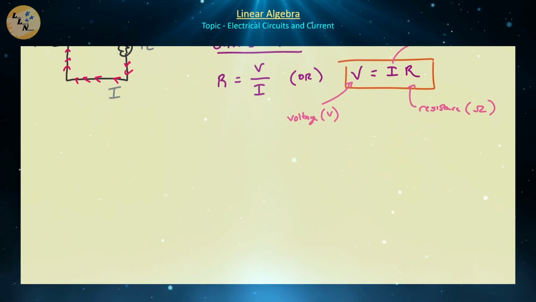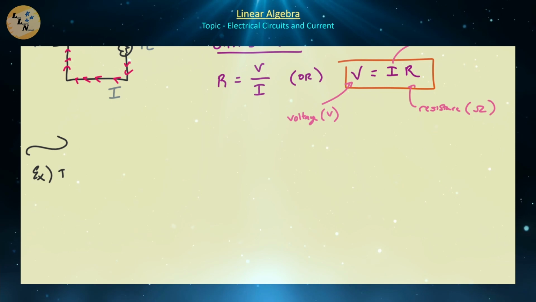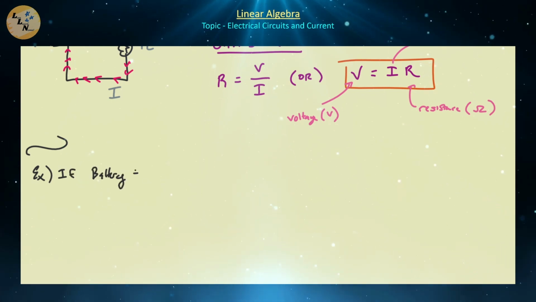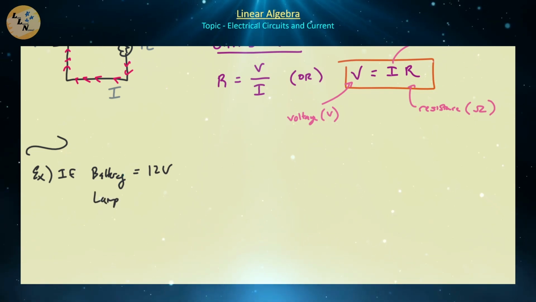All right, so let's just do a very basic example just to make sure we understand these basics. So if the battery has a voltage of say 12 volts, and let's assume that we have a lamp that has a constant resistance of say 9.5 ohms, and let's assume that we have the same picture that we drew just a moment ago. So what is the current everywhere in that circuit?